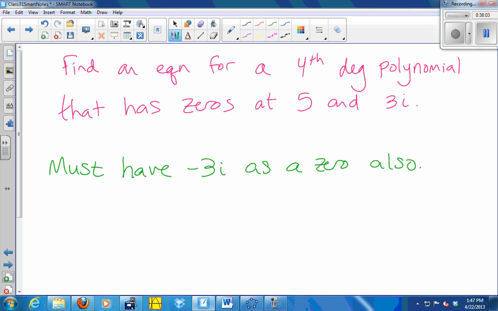And if those are the only zeros I give you, is it possible that my fourth 0, because now I have 3, 5, 3i, and -3i, is it possible that my fourth 0 is complex, and has an imaginary part? No, why not? Because there would have to be a pair that goes with it. Yeah, so it couldn't be a fifth degree polynomial. Right, very good. Yeah, so you can't have another complex because then I would have 3 complex zeros, and you can't. They have to come in pairs.